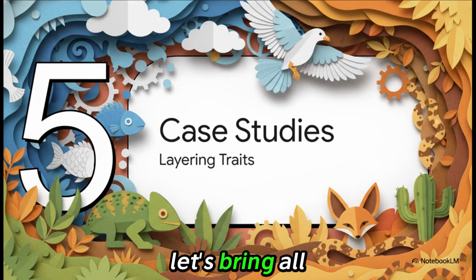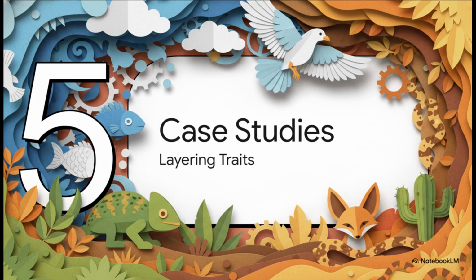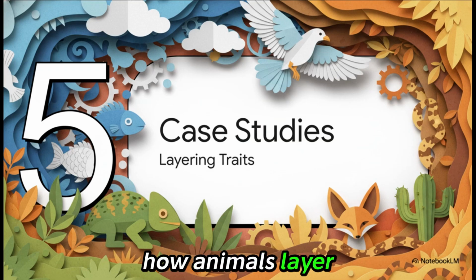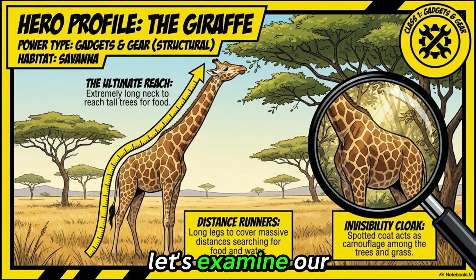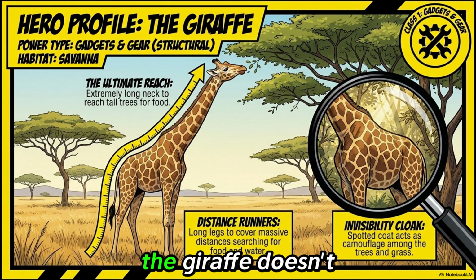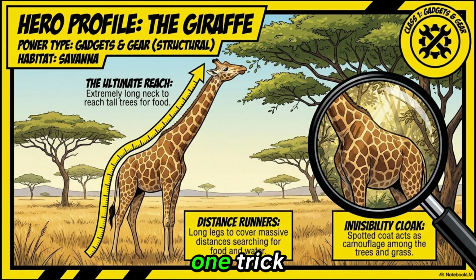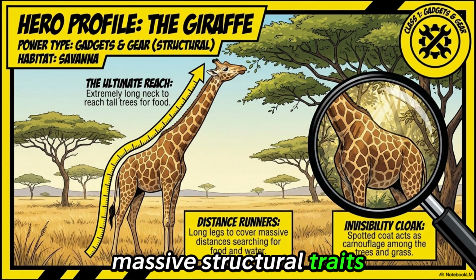All right, let's bring all these formal definitions together for Section 5, Complex Adaptation Case Studies. We're going to see how animals layer these traits for ultimate survival. Let's examine our first masterclass case study, the giraffe. To absolutely dominate the savanna habitat, the giraffe doesn't just rely on one trick. It combines several massive structural traits.